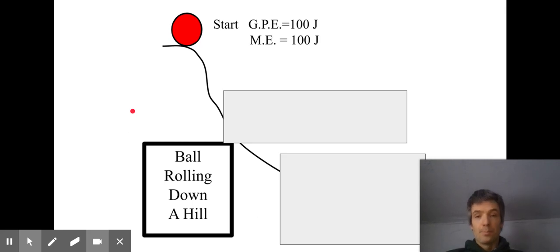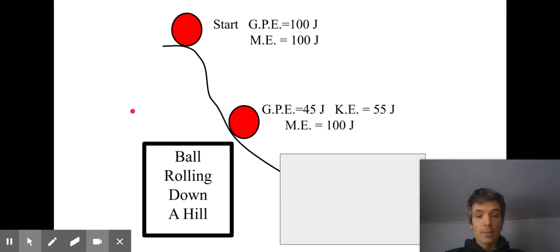So as the ball rolls down, some of that gravitational potential energy gets converted into kinetic energy. You'll notice that the gravitational potential energy is going down while the kinetic energy is increasing. However, the mechanical energy is remaining constant.